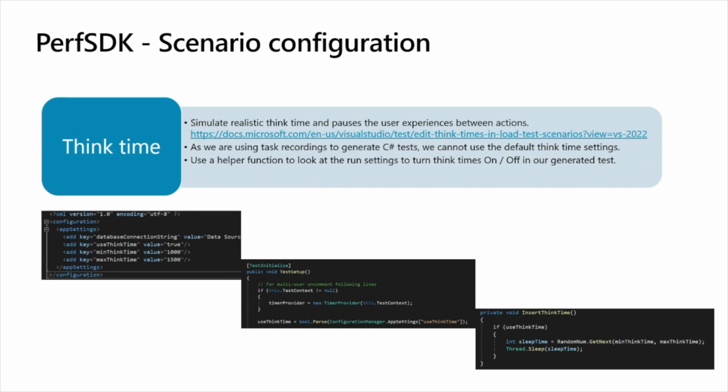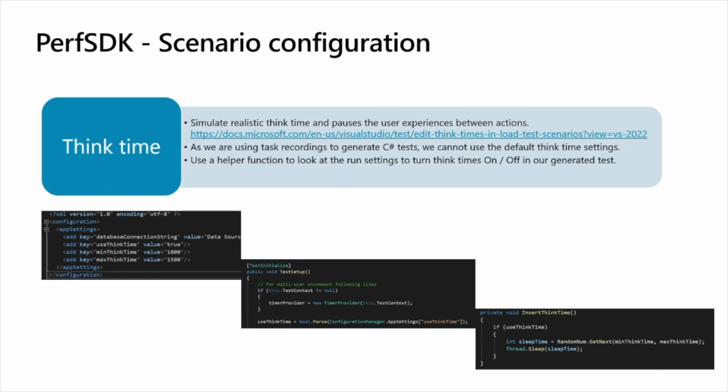Lastly, we also have think times. Think times are specifically useful to simulate the time that it usually takes a normal user to think and act between two actions within the client. You can find some of the documentation as a reference here. As we are using task recordings to generate the C# tests, we cannot use the default think times that the Visual Studio tooling provides with PerfSDK.